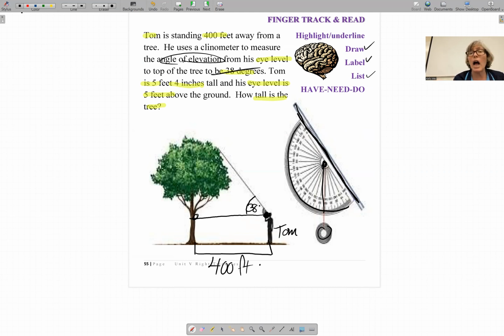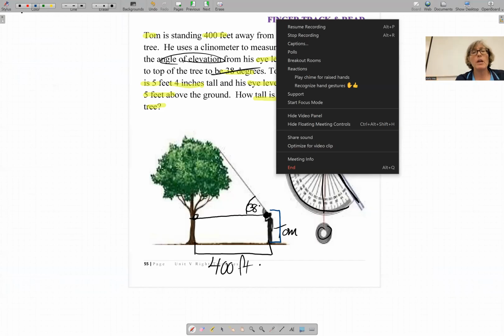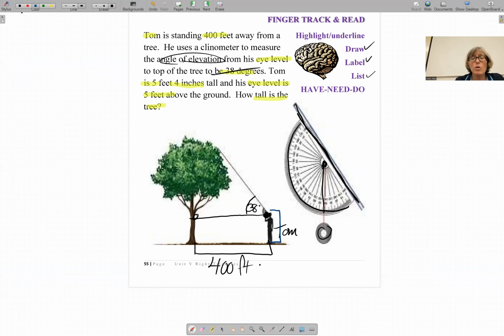He's holding it at eye level. Tom's actual height is 5 feet 4 inches tall, but it's very important the device called the clinometer is actually at his eye level. And his eye level is only 5 feet off the ground because there's a difference between your actual height and your eye level height.